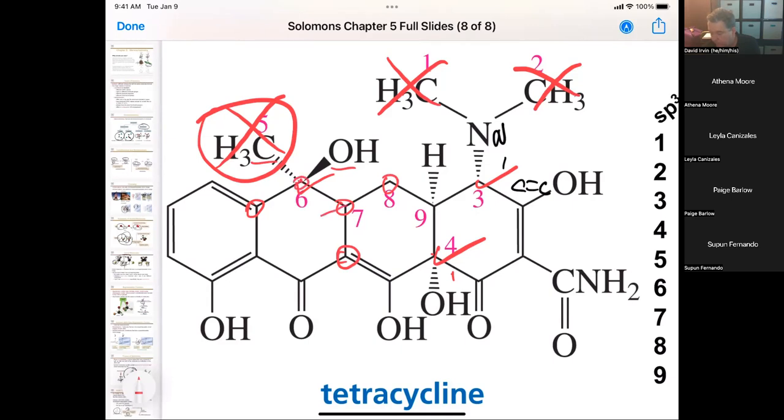And then of course, we have a hydrogen here. So 7 is going to be chiral too. Is 8 chiral? When in doubt, draw it out. Draw out your hydrogens. We have 2 hydrogens on that carbon. It is not chiral. 9 is chiral because this carbon is different than that carbon right there.